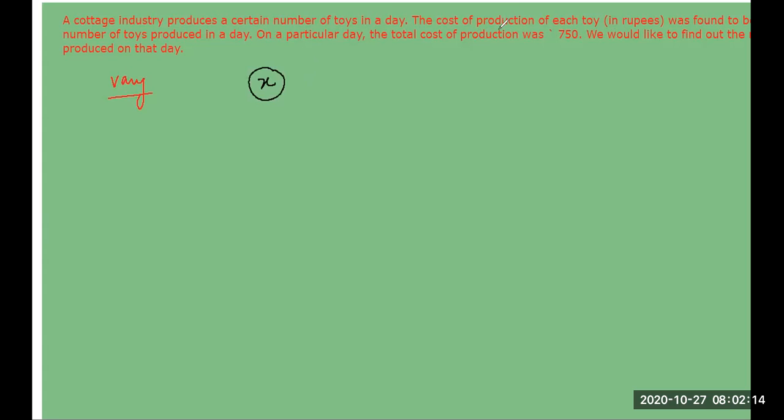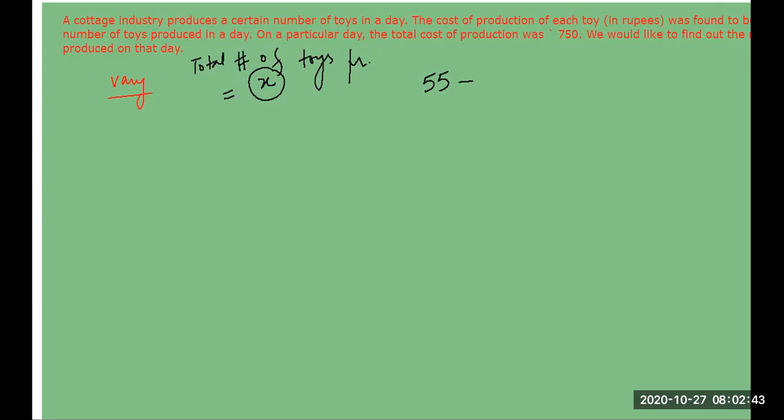The cost of production of each toy in rupees was found to be, it's written, 55 minus the total number of toys produced in a day. 55 minus the total number of toys produced in that day. Let's say the total number of toys produced that day is X, right?